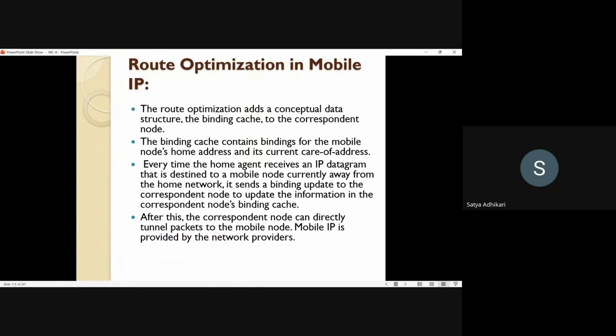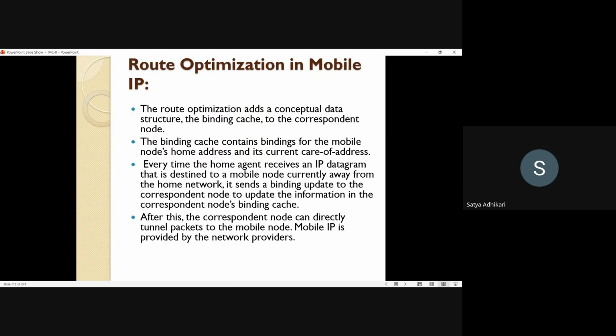After this, the correspondent node can directly tunnel packets to the mobile node. Mobile IP is provided by the network provider. So that means if the correspondent node now sends data, it doesn't go through the home agent. The correspondent node can directly tunnel packets to the mobile node.